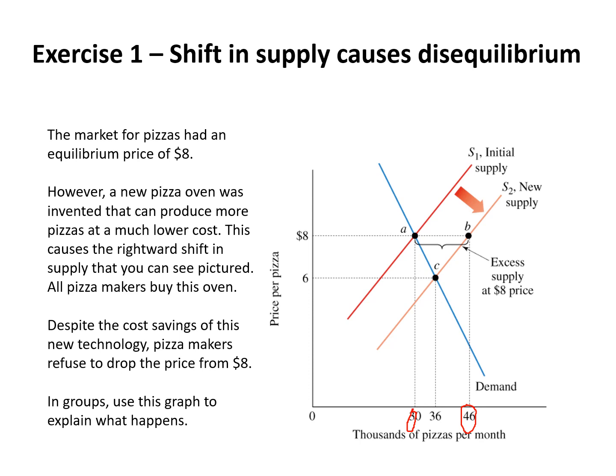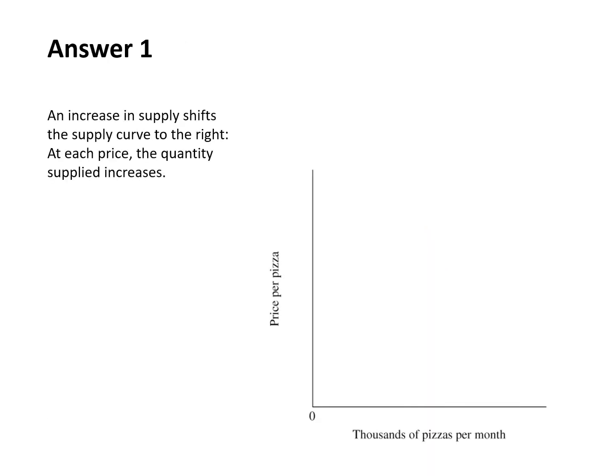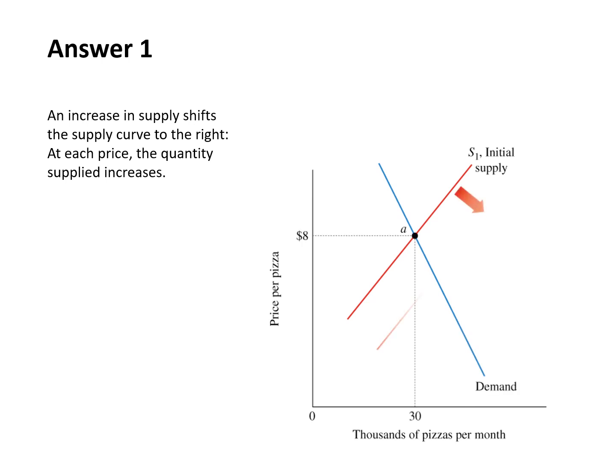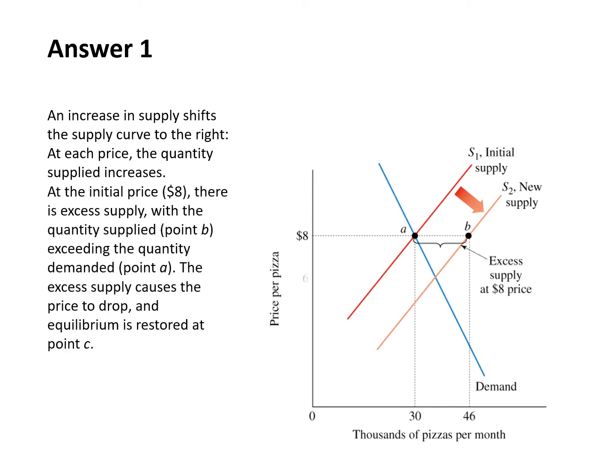So what will happen over time? An increase in the supply will shift the supply curve to the right. At each price, the quantity supplied will increase, as we noticed. At the initial price of 8, there will be an excess supply, with the quantity supplied at point B exceeding the quantity demanded, which is at this point. Supply exceeds the demand over here.